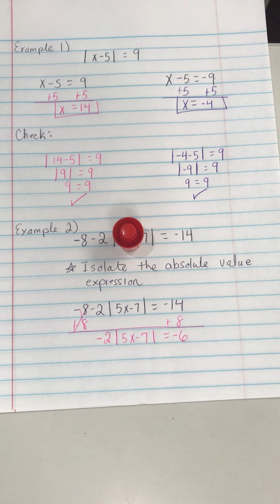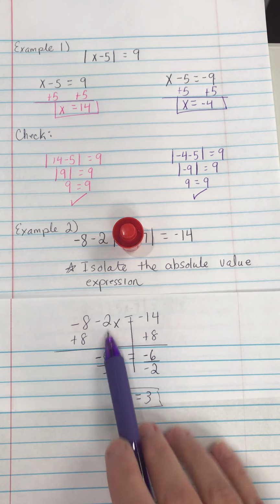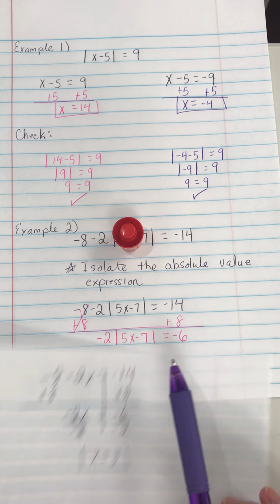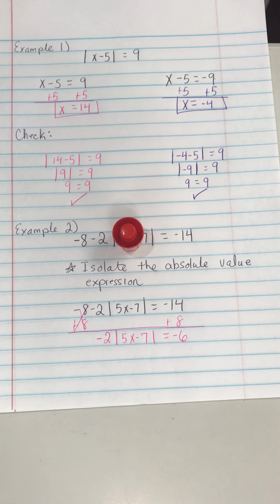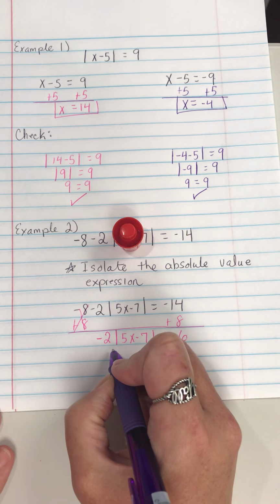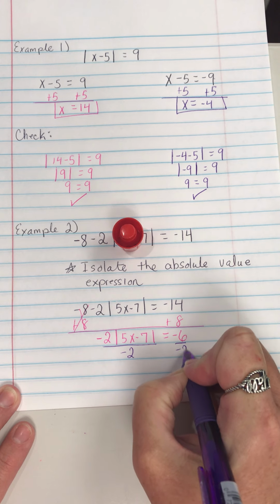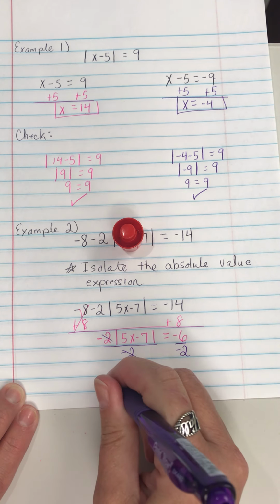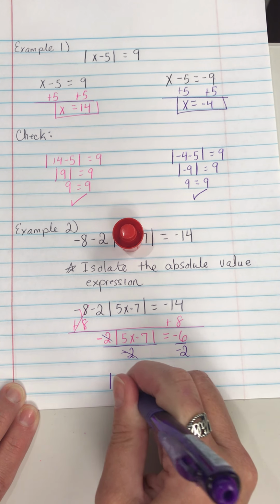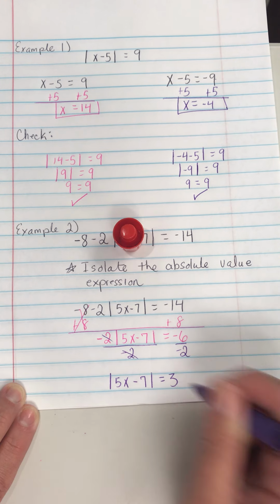Well, if we consider the absolute value an x, a variable, we have to separate that negative 2 that's being multiplied by it. So we're going to divide by negative 2, divide by negative 2. That cancels out. And we have the absolute value of 5x minus 7 equals 3.